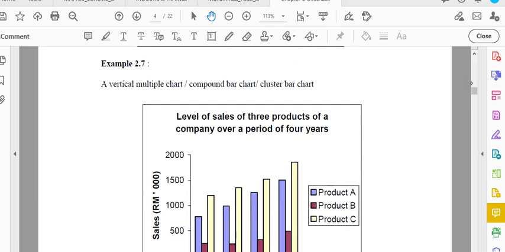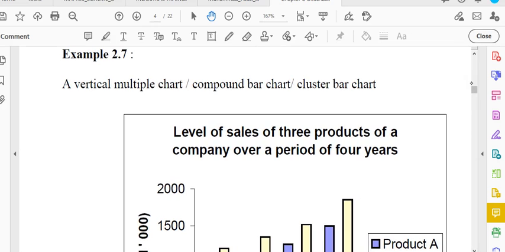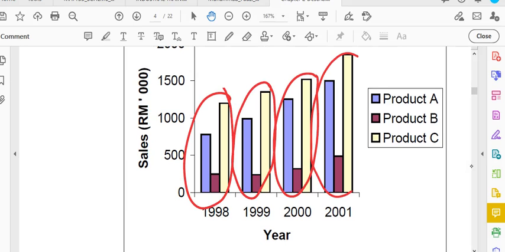Now, these are two things that students always like to confuse. Multiple bar chart, compound bar chart, cluster bar chart all refer to the same thing. When we say cluster, it means you will group them.